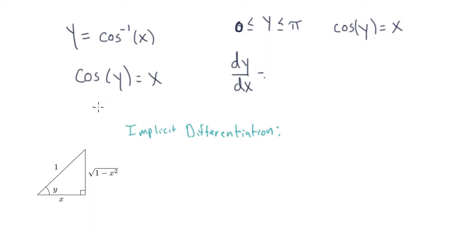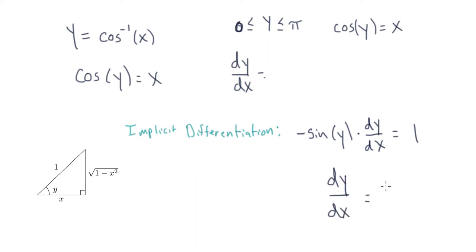So differentiating this equation involving y and x implicitly with respect to x, we have negative sine y, and then we use the chain rule, so times dy dx, and that equals 1. Okay, so we're done, right? dy dx is equal to negative 1 over sine y.